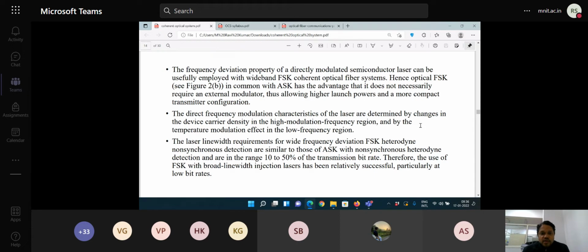So when a different mode is transmitted, there's a small shift in wavelength. So this can give rise to frequency shift keying.